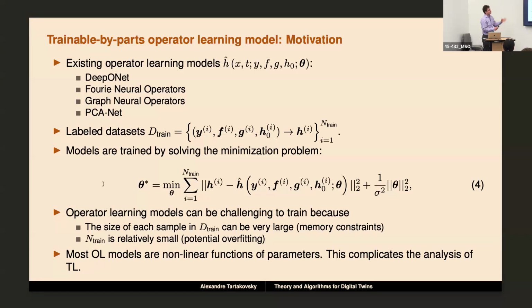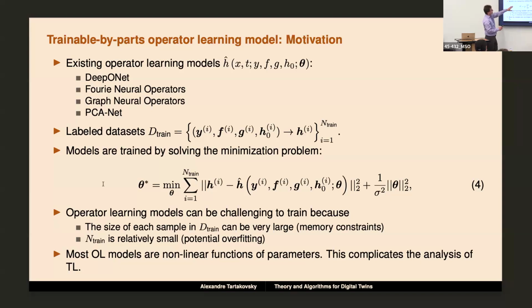So we want to design a model that can be trained using just parts of this data set, not the entire data set. And then somehow we want to reduce the number of the trainable parameters in our model to address these issues.